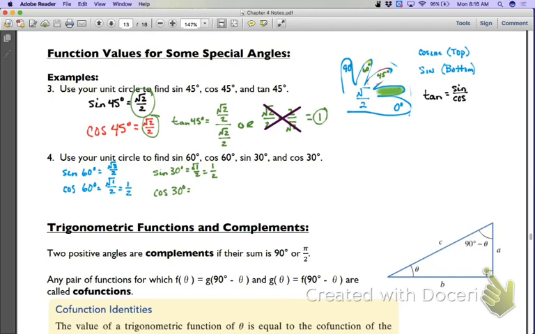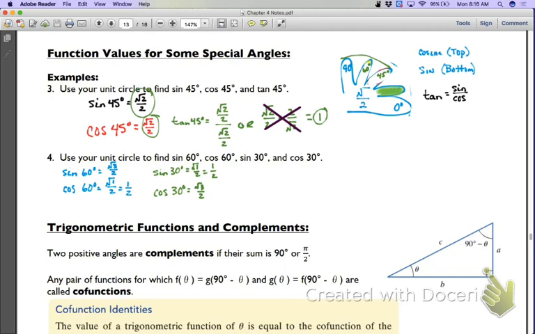Do the same thing, but now for cosine. Cosine is the top 3 fingers, so my thumb, my index, and my middle finger. So I have 3 of those. So I'm at square root of 3 over 2. What do you notice about the values? Yeah, just switched them, right?